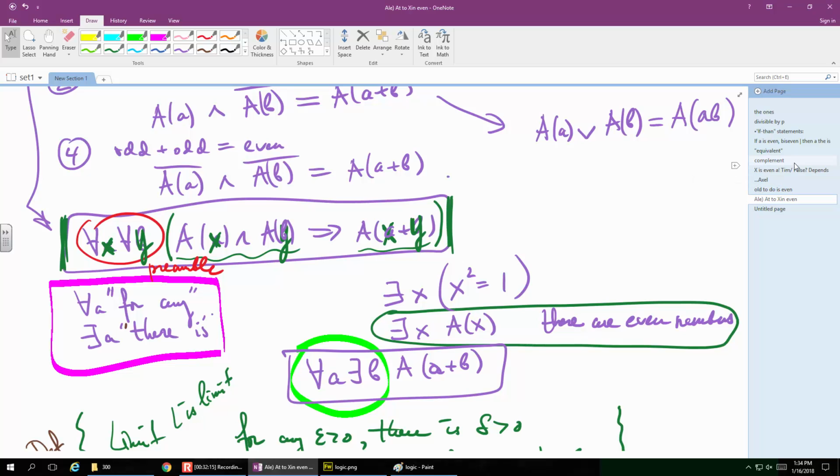Fortunately, when we concentrate on a statement with no implication, a very simple one like there are even numbers, or there is an even number, it's the same thing, then it's very simple to negate. Okay, so let me try it.